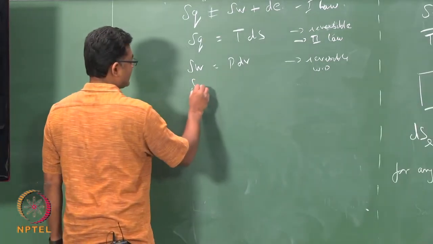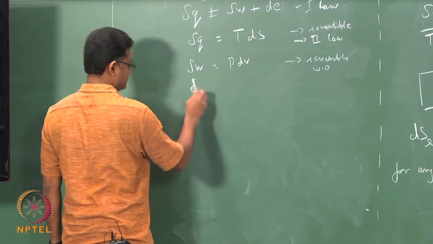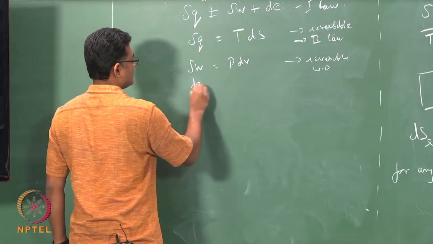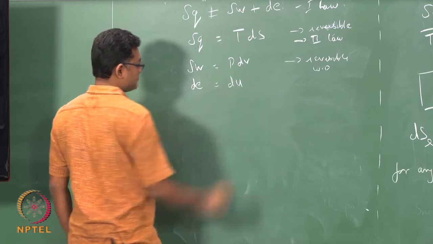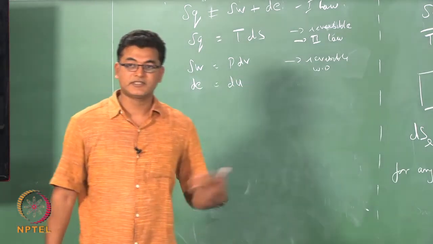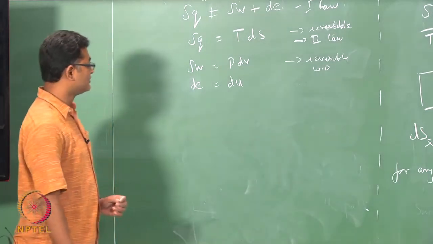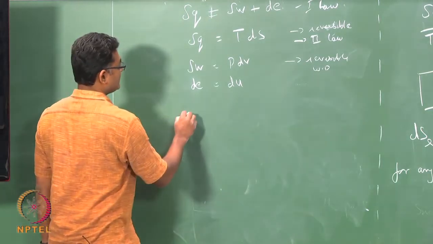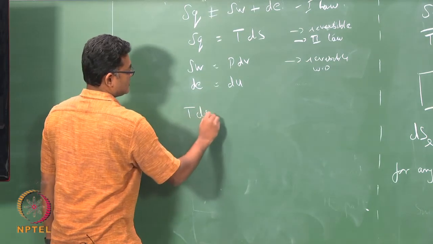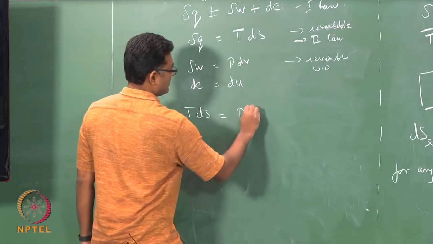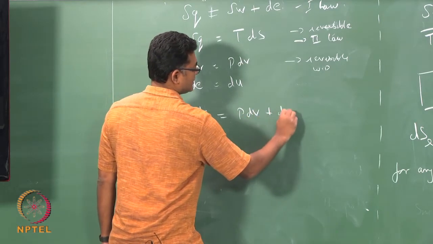And if I restrict my dE to just dU, which means it's a stationary process and the potential is assumed 0, I can rewrite the first law as TdS equals PdV plus dU.